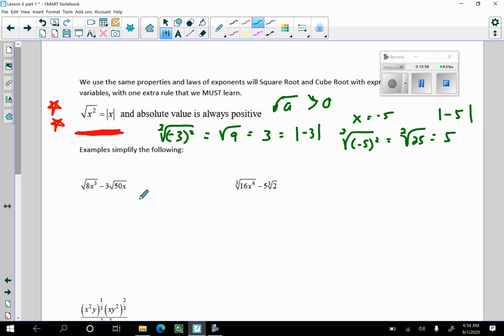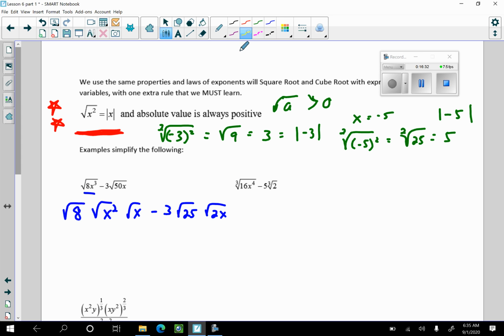So I want to simplify this expression here. So these are square roots. If the root isn't given, it's a square root. So this is going to be the square root of 8 times the square root of x squared times the square root of x, that's what this expression is, minus 3 times the square root of 25 times the square root of 2x.